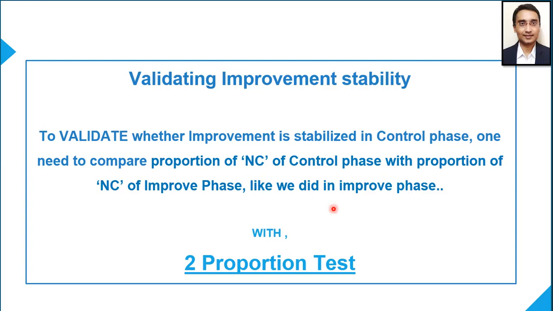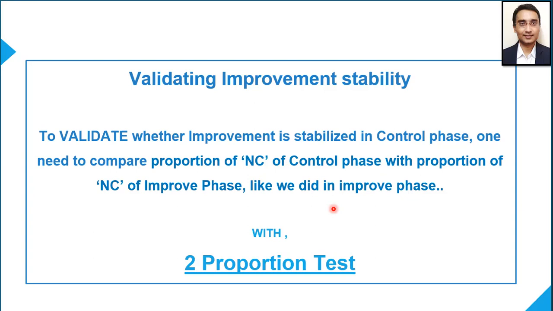So we need to prove that performance has not deteriorated. Performance is sustained, that is, improvement is sustained over a period of time in the control phase, even after handing over the responsibility to monitor the performance or deploy the solutions to the operations team. We have handed over that responsibility to the operations team.